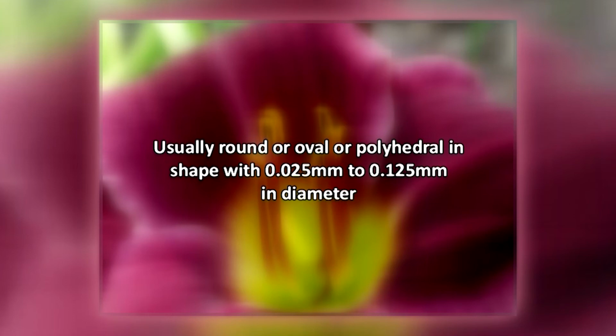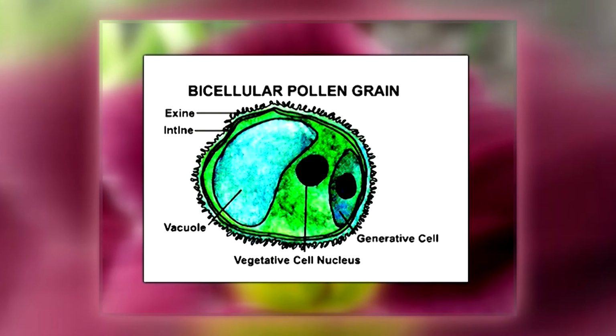0.025 mm to 0.125 mm in diameter. There is a tiny mass of protoplasm surrounded by a thick cell or spore wall which is differentiated into 2 layers, the outer exine and the inner intine. The exine appears first as a thin layer but later becomes considerably thick.